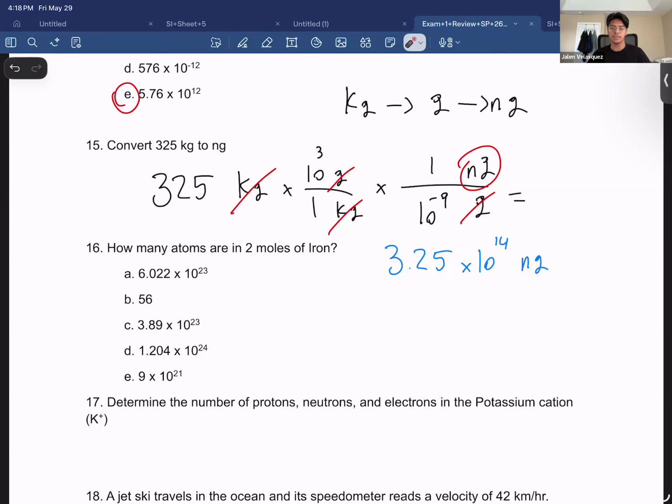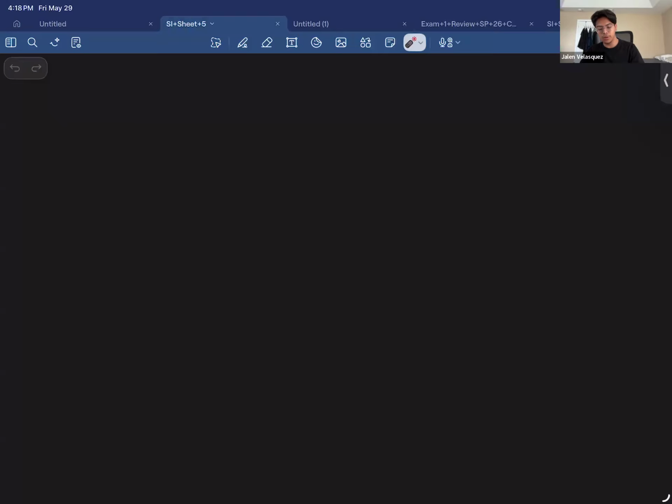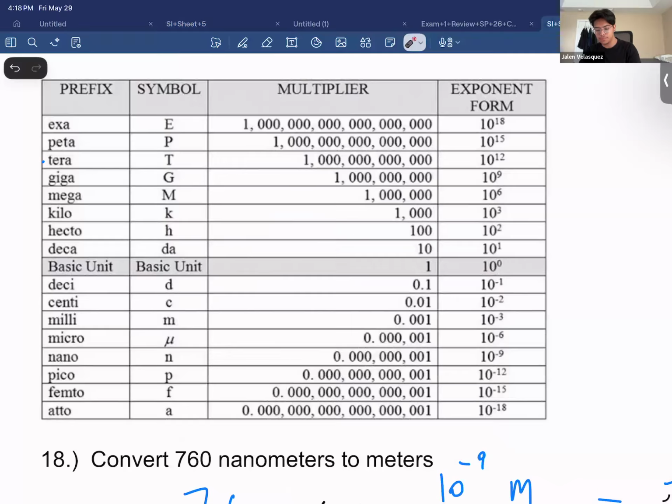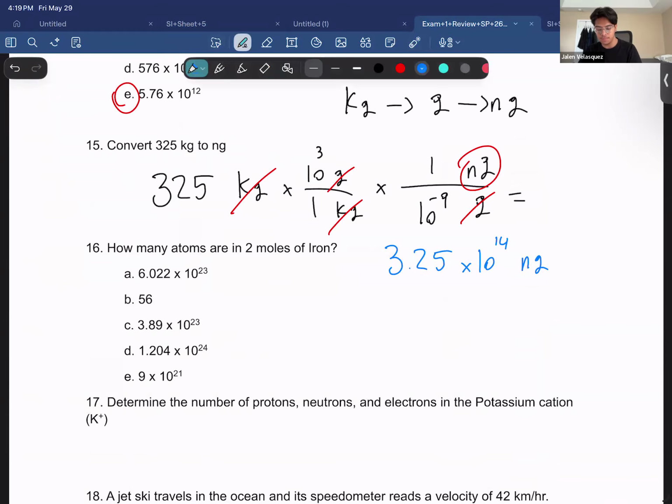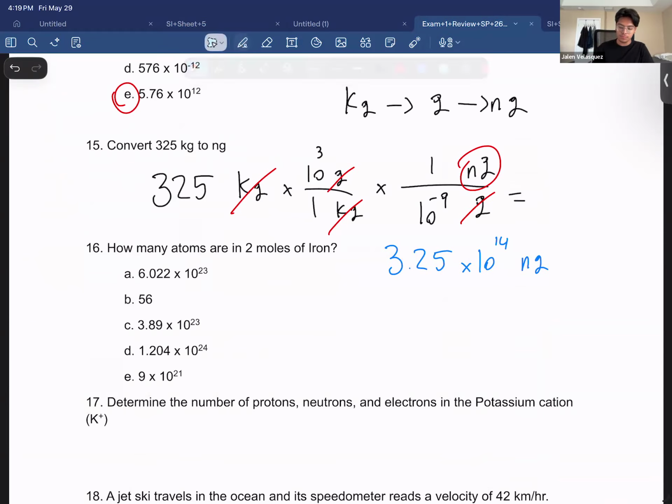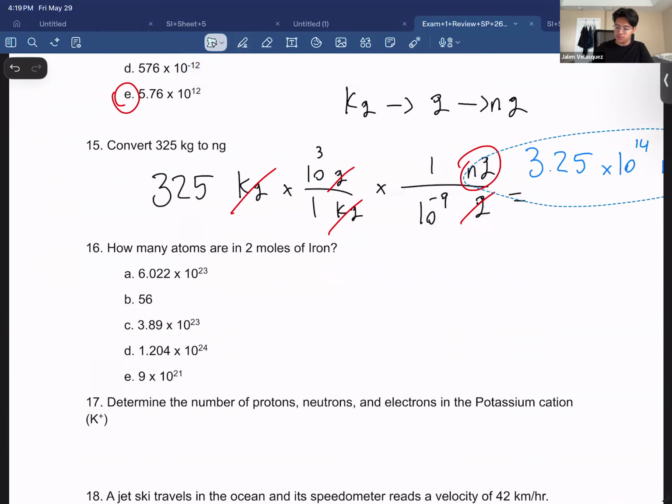So what is the significance of Avogadro's number? Does anybody know what Avogadro's number is?